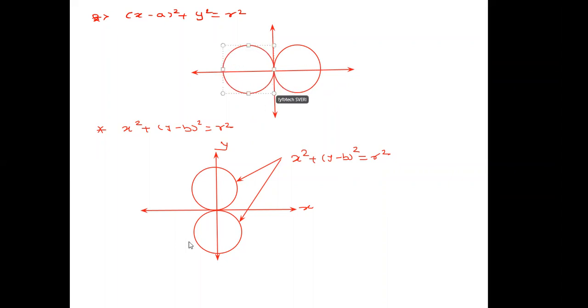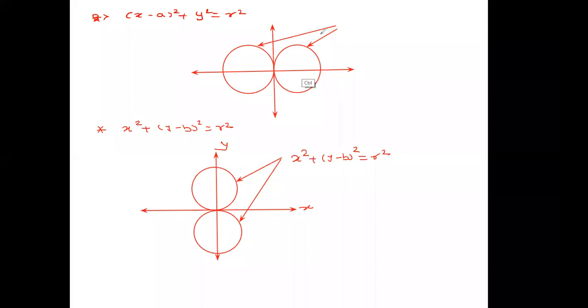These two are the equation like this. What is this equation?